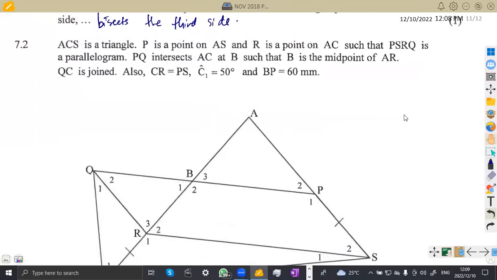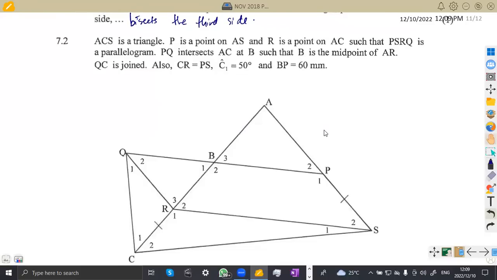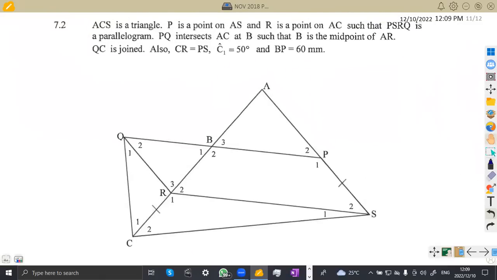On 7.2, we are given that ACS is a triangle, P is a point on AS, and R is a point on AC, such that PSRQ is a parallelogram. Okay, so you're given P to S to R to Q, it's a parallelogram. Remember, guys, in a parallelogram the opposite sides are parallel and equal.